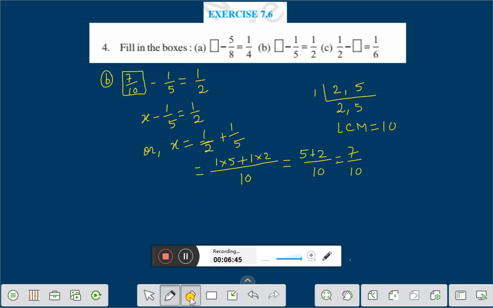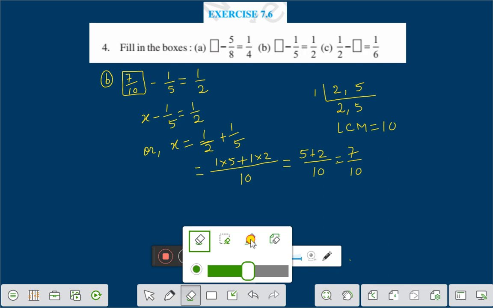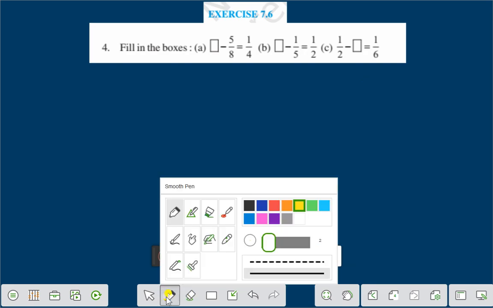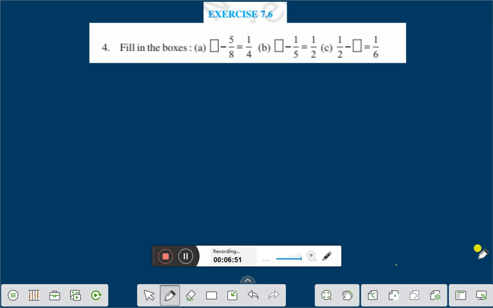Next, we will solve question number C. Question number C is 1 by 2 minus dash is equal to 1 by 6.